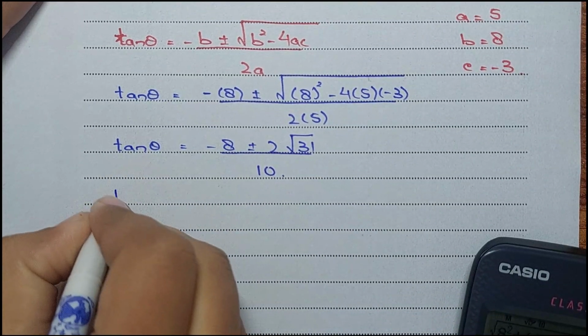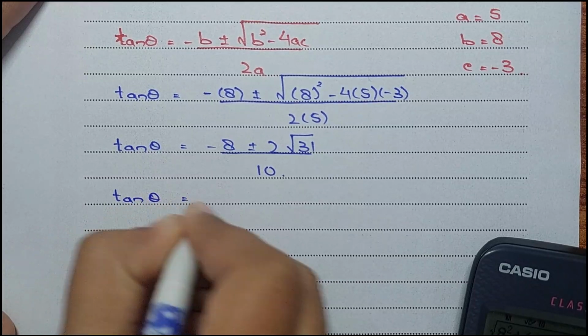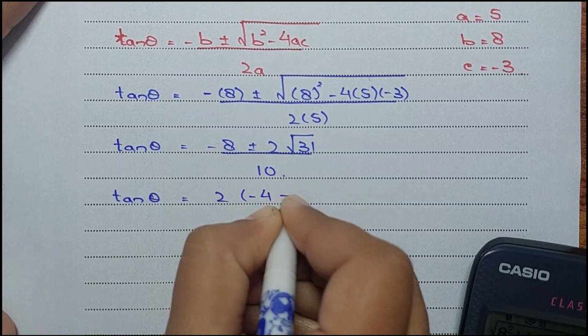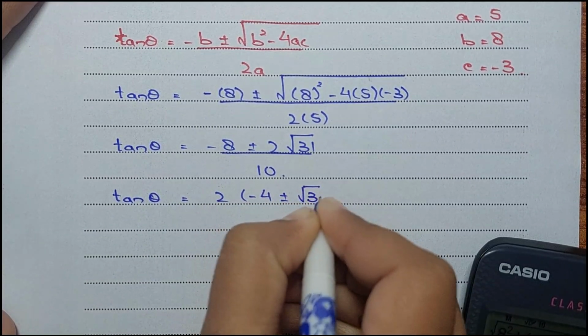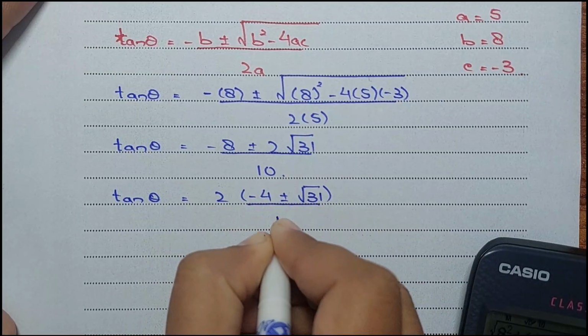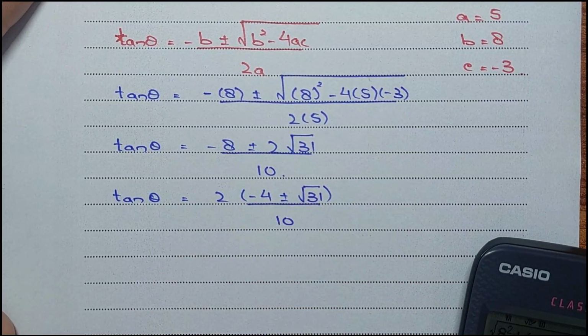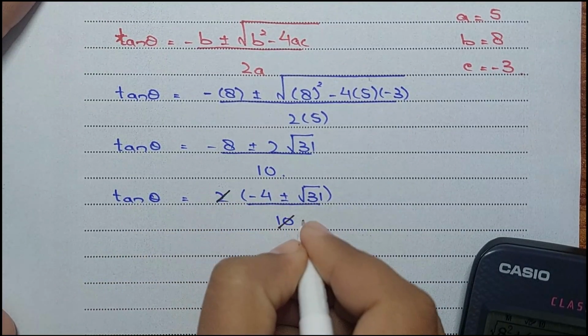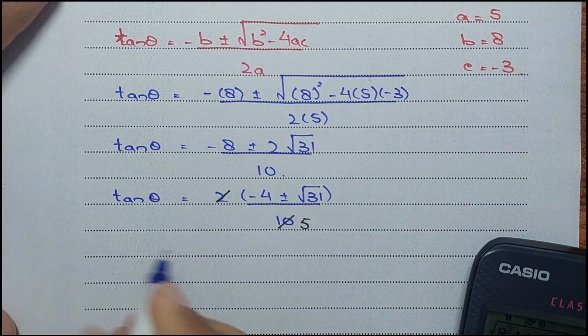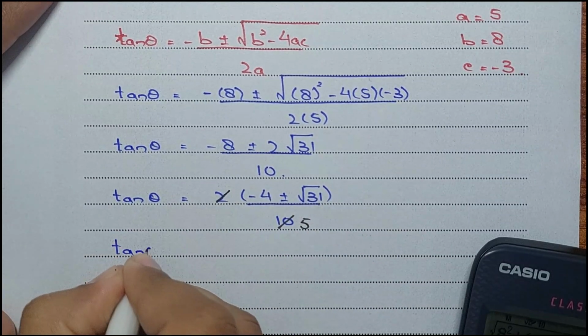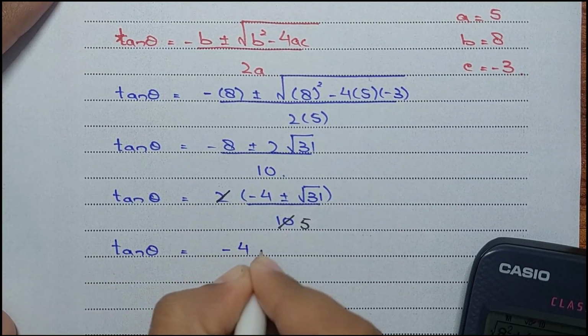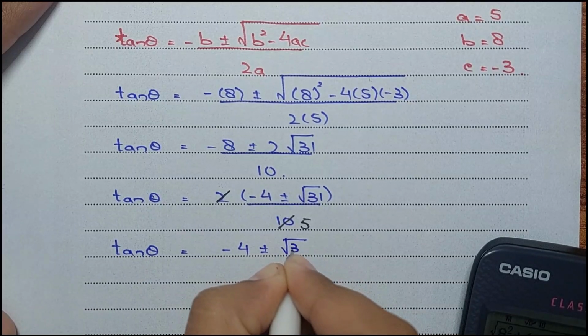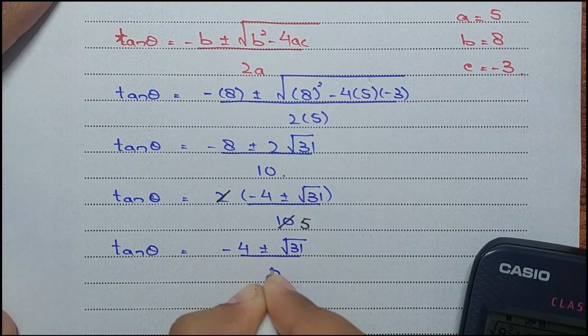Okay, further simplification, taking 2 common from the numerator. 2 is common, minus 4 plus minus root 31 divided by 10. Okay, and 2 times 1 is 2, 2 times 5 is 10. So here we have tan theta is equal to minus 4 plus minus square root of 31 divided by 5.